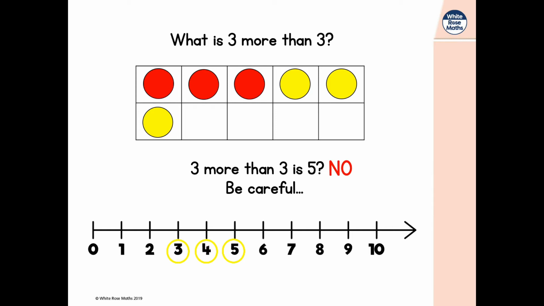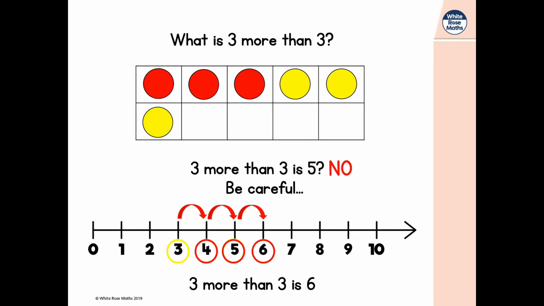So, it should sound like this. What is 3 more than 3? 4, 5, 6. We've counted on 3 more, but we haven't said the number 3. Now we can see that 3 more than 3 is 6.